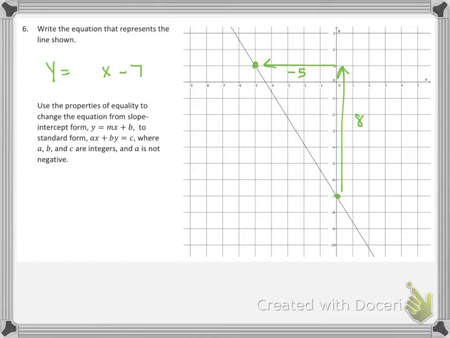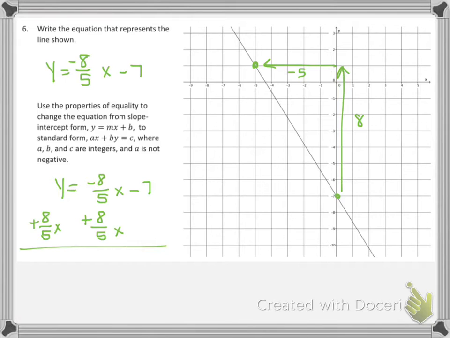So that's a negative 5. So that's 8 over 5, and it's negative. So negative 8/5 x is the slope. And then y equals negative 8/5 x minus 7. I'm going to add 8/5 x to both sides, and I get 8/5 x plus y equals negative 7. And that is standard form.